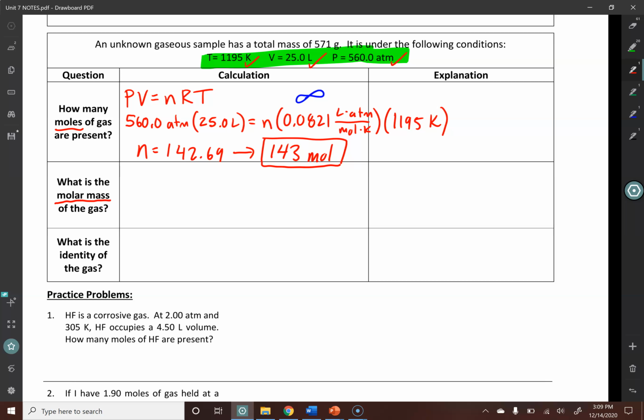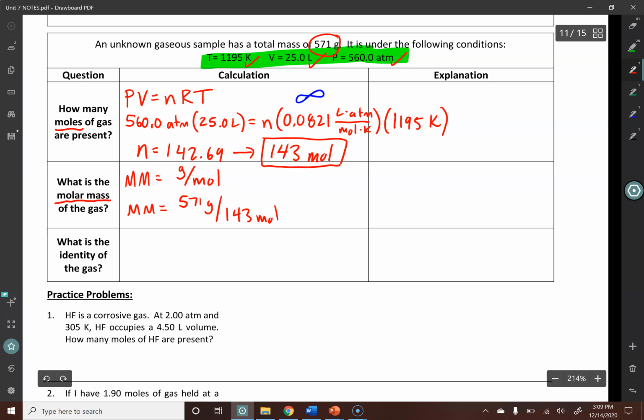Next type of question I could ask you is about the molar mass. Hopefully you remember molar mass from the previous unit. Molar mass has the units gram per mole. I've got a mass in grams. I just calculated moles. Can I really just do the mass of my sample divided by moles of my sample?